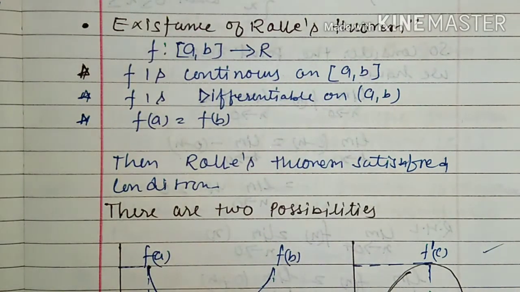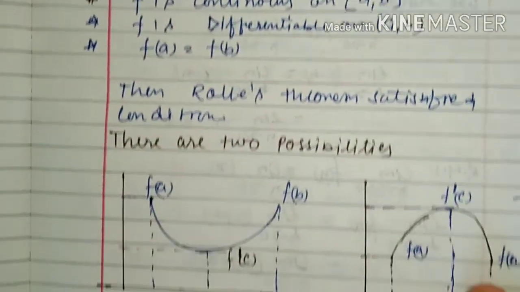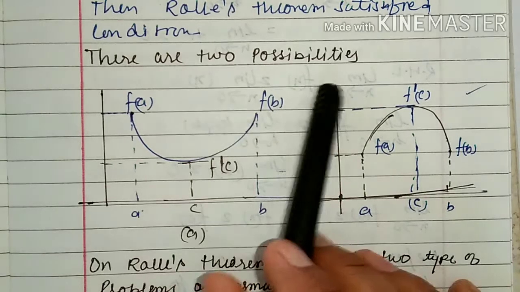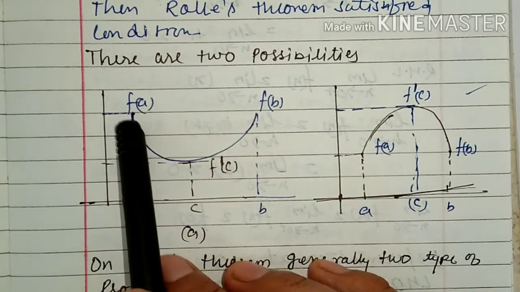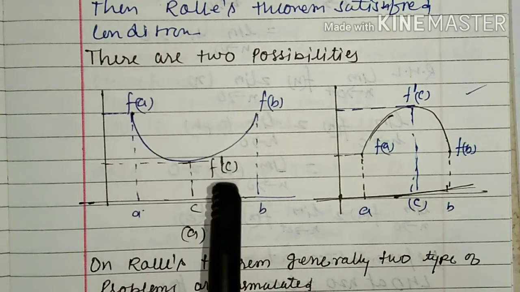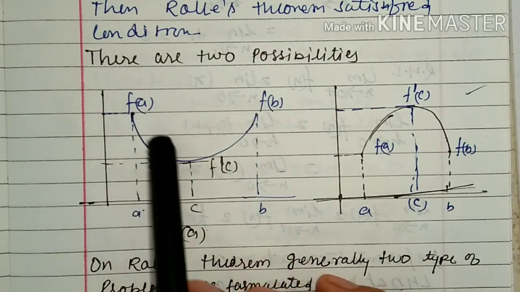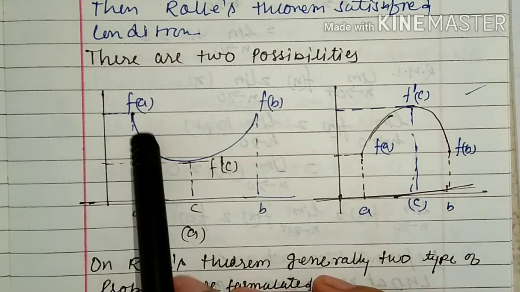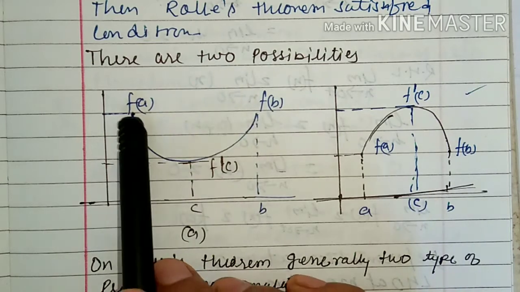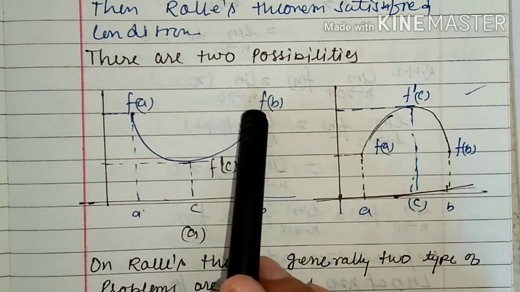Okay. Now the physical meaning: graphically we will understand Rolle's theorem. Clear? There are two possibilities. One is where the curve is open on the upper side. This is a parabola, open on the upper side. This point is a and this point is b.